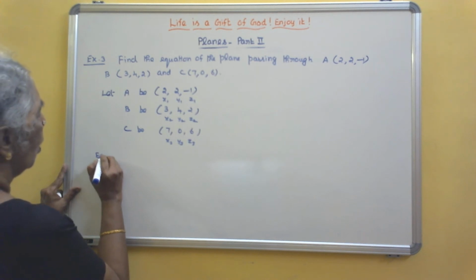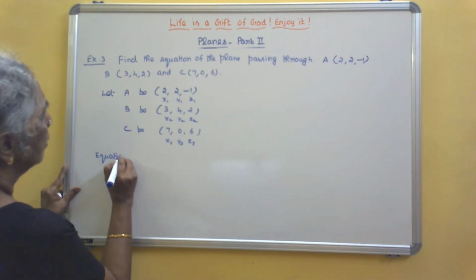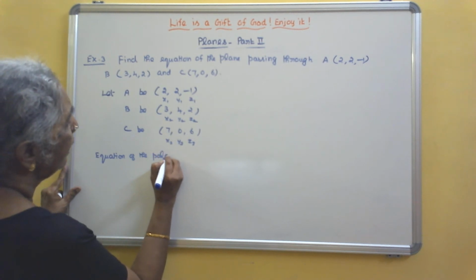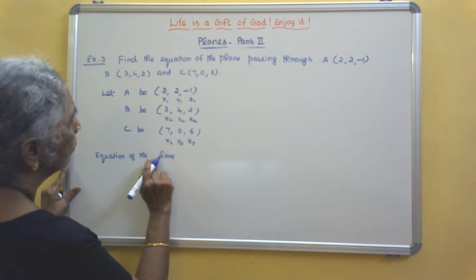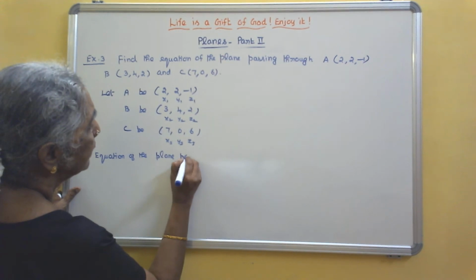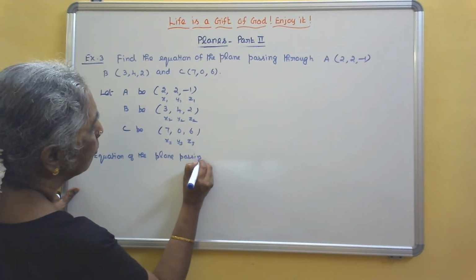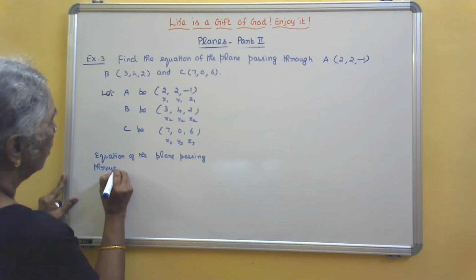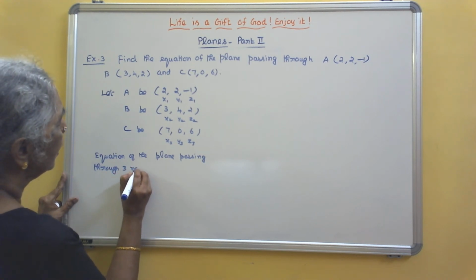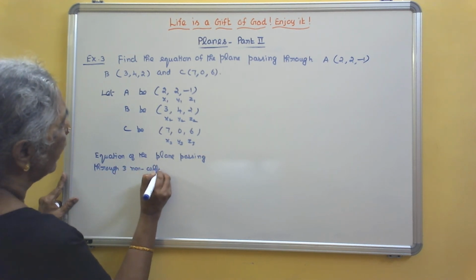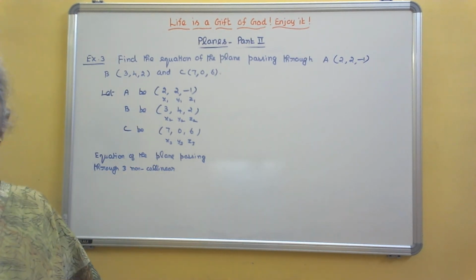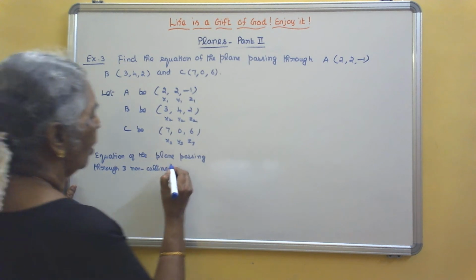Equation of the plane passing through three non-collinear points. Actually, you need not check because they will give like that. Otherwise, you can't find the equation of the plane. Okay.